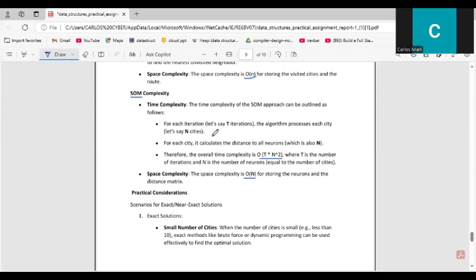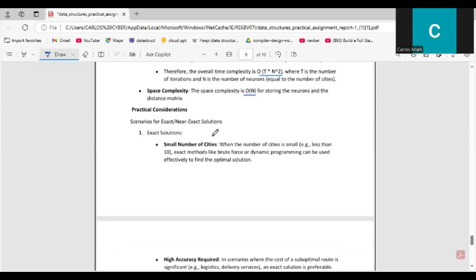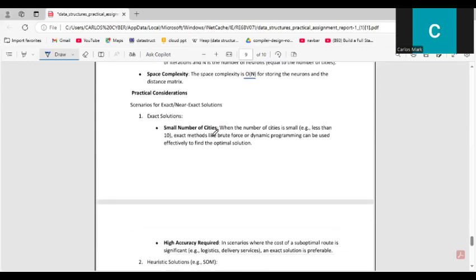So the time complexity of the self-organizing map is higher. Then we moved on to the practical considerations, where we noted that the nearest neighbor algorithm is better for a smaller number of cities.